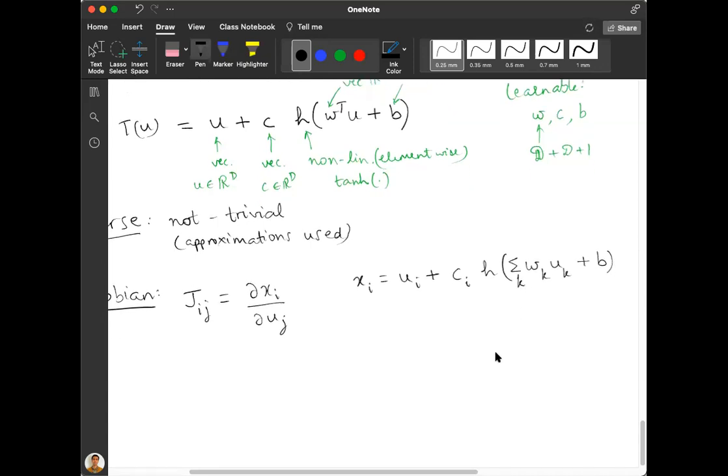Okay, now let's compute the derivative. I hope you all remember your neural network classes and you know how to do element-wise differentiation. So let's compute the J_ij. So what is J_ij?